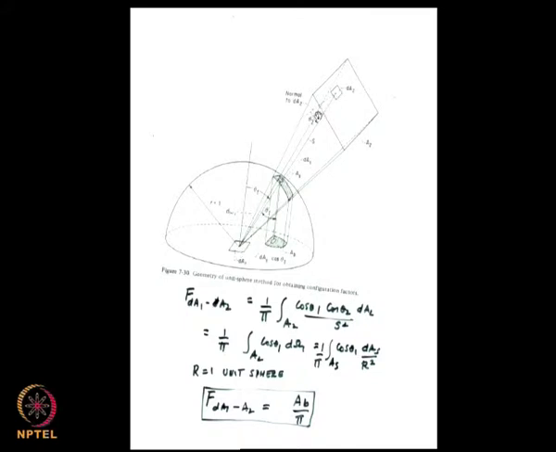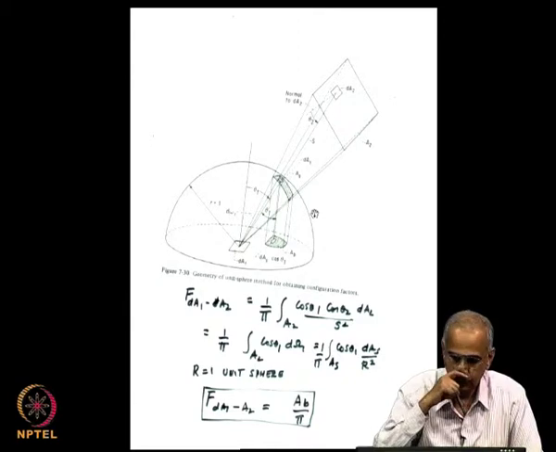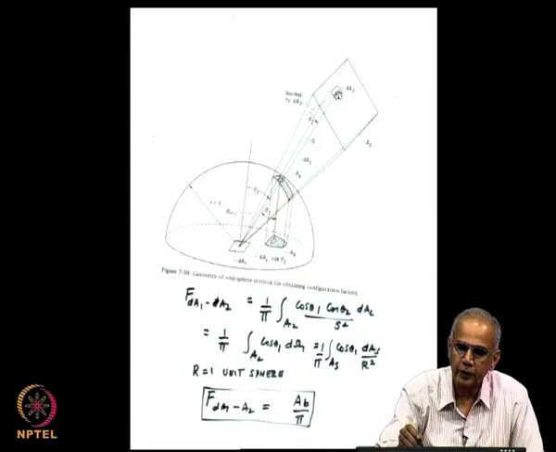You put a translucent sphere on top, and the image of dA2 will fall on this unit sphere. You take a camera out here and take a picture of this area A2, and you will get this area AB as a picture.